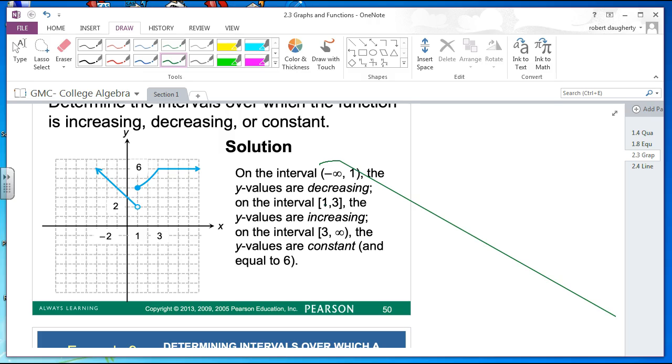What happens at 1? Well, it jumps up here to the value of 4. It increases between 1 and 3, so you see here it increases from 1 to 3. We've got closed brackets, and then it is constant. It neither goes up nor down. So it is constant on the interval from 3 to infinity.